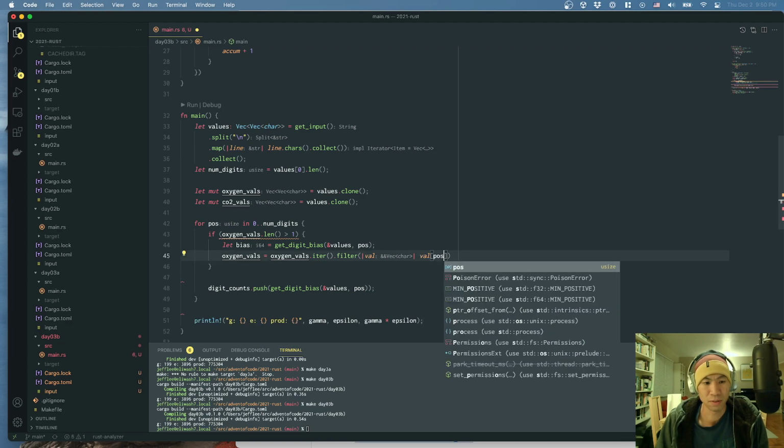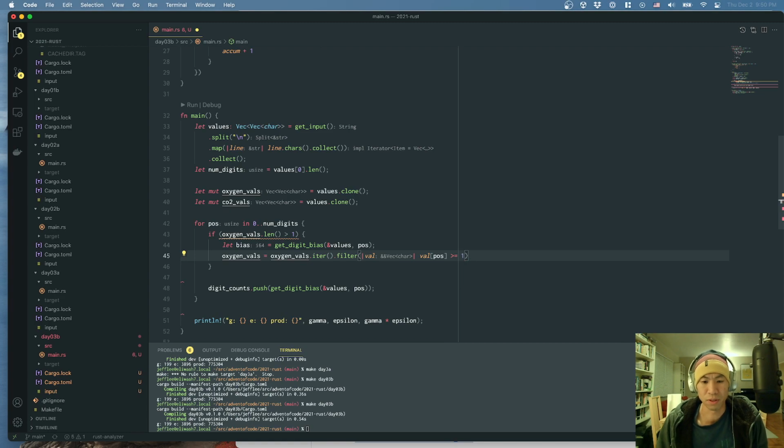So the digit, which is this, is greater than or equal to 0. Right. Oh, and I keep adding these parentheses. I've been doing too much C# and JavaScript lately.